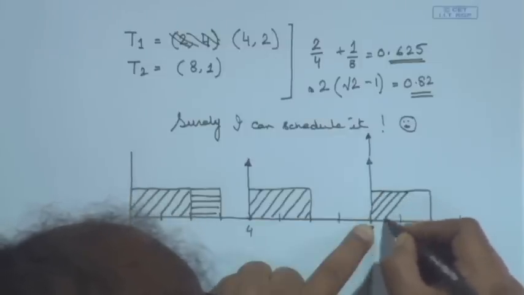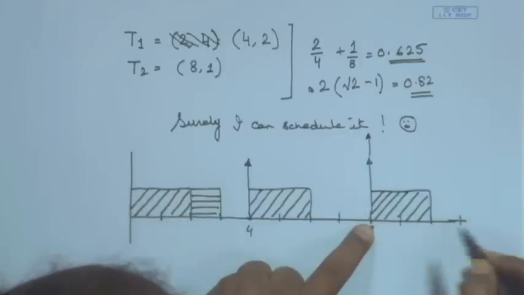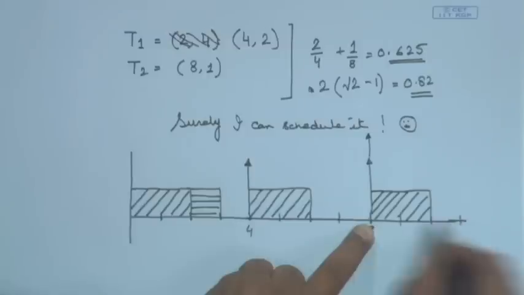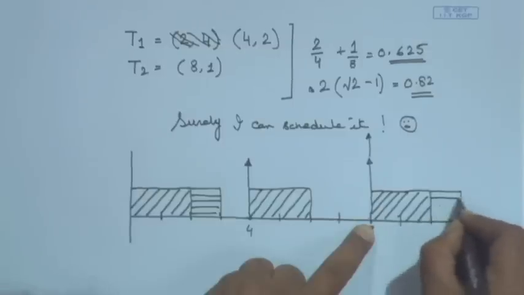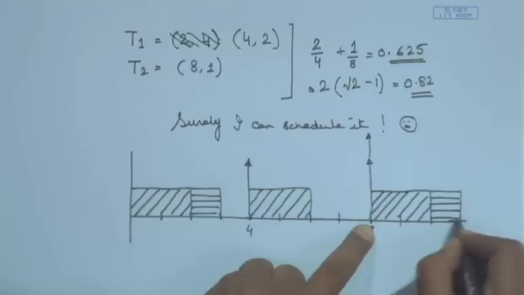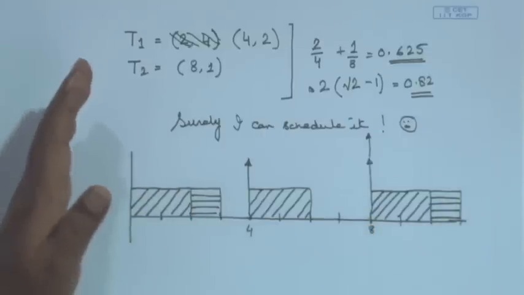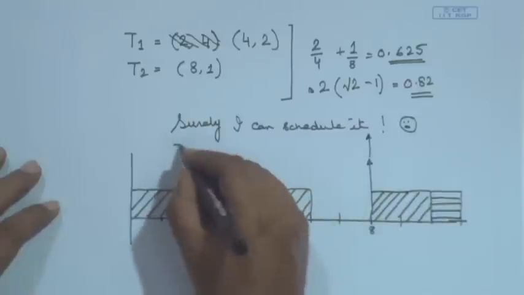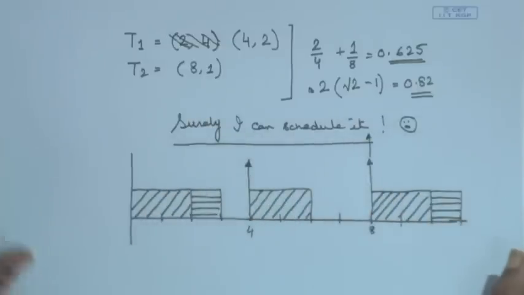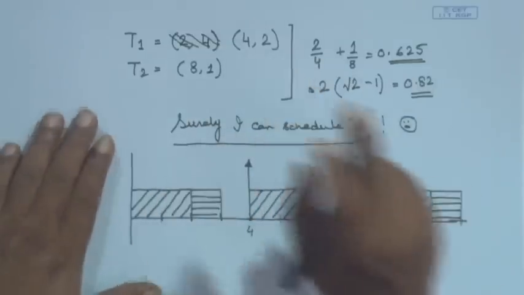T2 arrived here, but T2's deadline is much later. So, T2 can very well get its place here and no one misses the deadline. That is because the T2's period was so large, therefore, I can certainly schedule it. That is the significance of that condition.